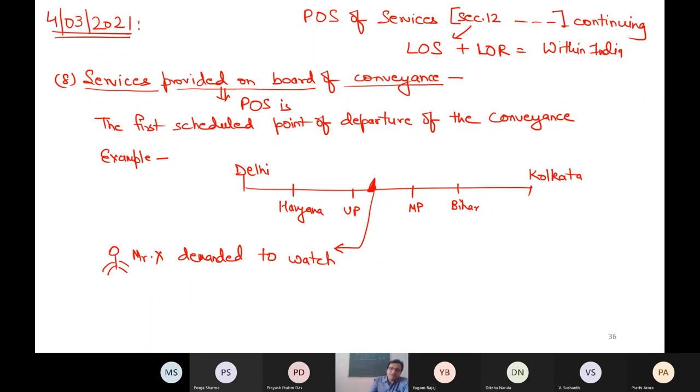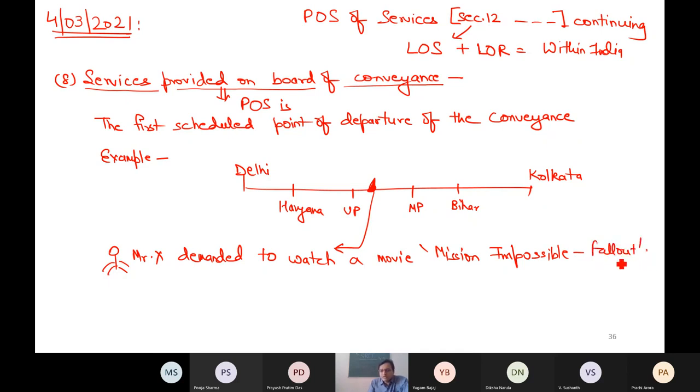Mr. X demanded to watch a movie. For example, Mission Impossible. It's a Hollywood movie, and there are different parts of this movie: Mission Impossible 1, 2, 3, 4, etc. Rogue Nation, Fallout.